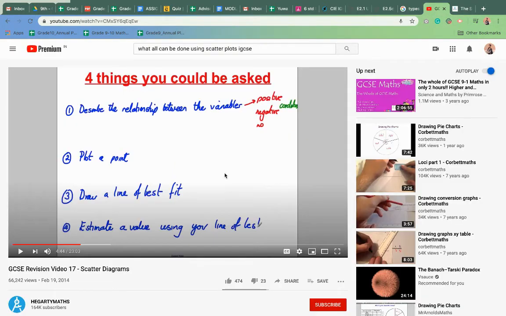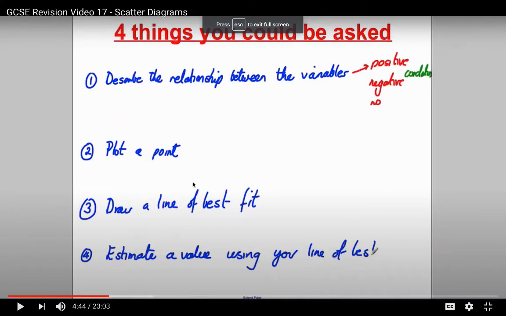Now let's also understand what we mean by the fourth point: what does estimating a value using your line of best fit mean? As we have seen, the line of best fit helps me understand whether this is a positive or a negative correlation. So it is showing me the trend in this particular scatter plot.